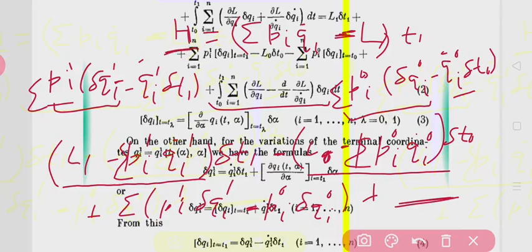So this value over here is nothing but minus of H1 delta t1, and this value is minus of H naught delta t naught.